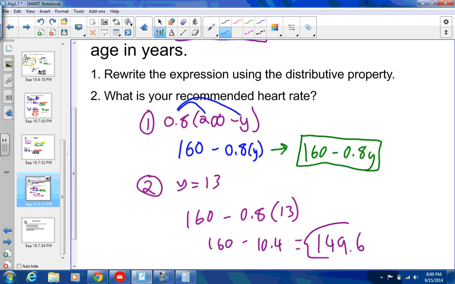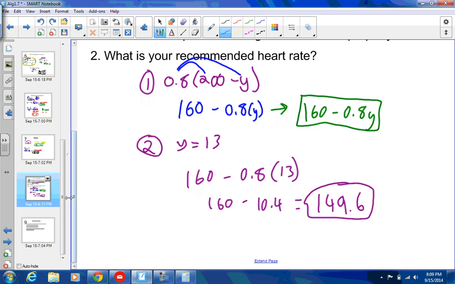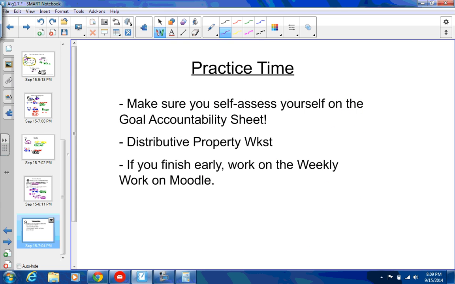That's what your heart rate should be if you're a 13-year-old when you're exercising. So if you ever check your heart rate, maybe you will in P.E. this year, you can go ahead and tell your teacher that, hey, when I'm exercising, my heart rate should be right around 149.6. And if it's not, then we've got to figure something out. All right? So you can go tell Mr. Rundog that.